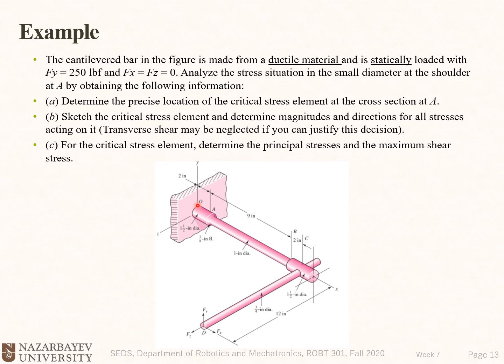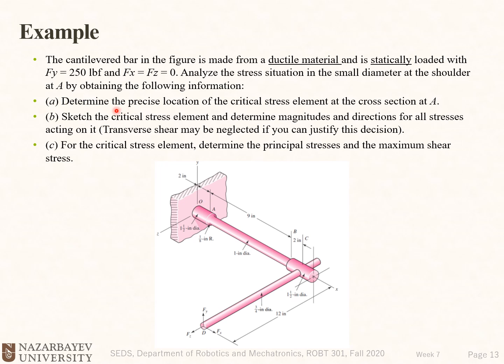So it should be either the base cross section here, point O, or point A because of a stress concentration or because of the reduced diameter at this cross section. So in reality, we need to check both of these cross sections and see whether O or A has the maximum stress, and do the calculation for both of them.